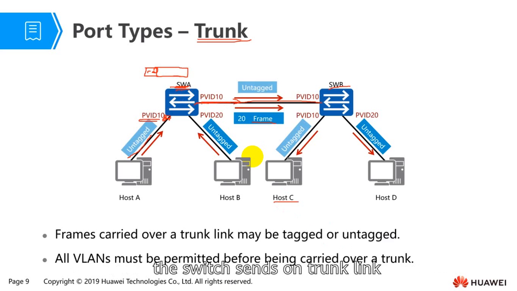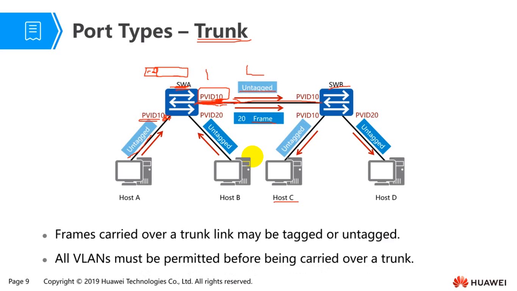Usually the switch sends on a trunk link with the tag. But there's one exception. If this interface sets the PVID to 10, that means when a frame belonging to VLAN 10 is sent out this interface, the frame will be untagged.